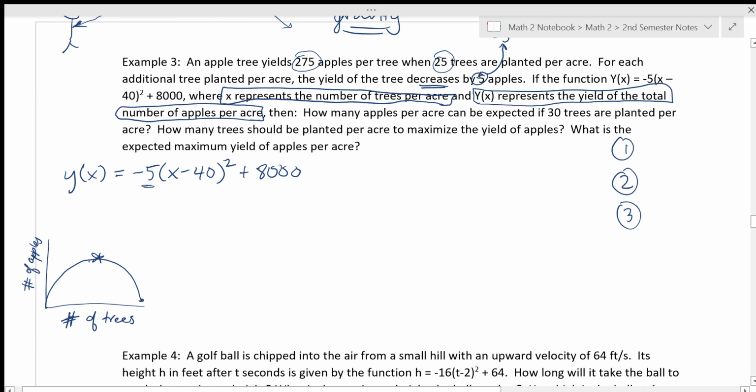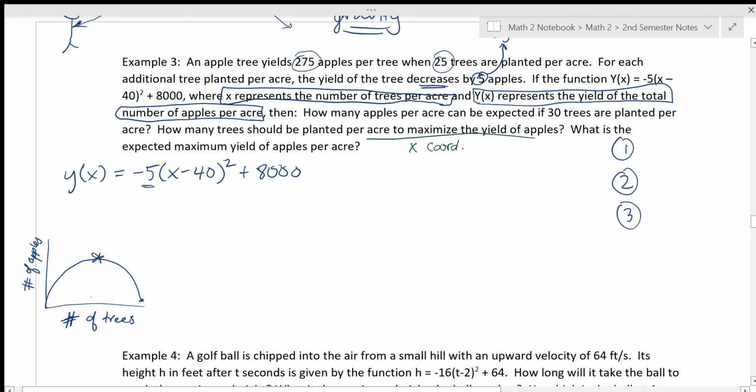Okay, so if they're asking me in question 2, how many trees should be planted to maximize the yield of apples, that means they're asking me for the x-coordinate of my vertex. Because if I look at my vertex, that is the maximum, right? So this is the x-coordinate of my vertex.